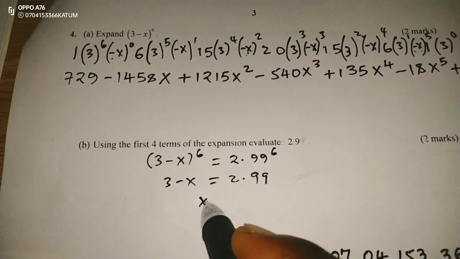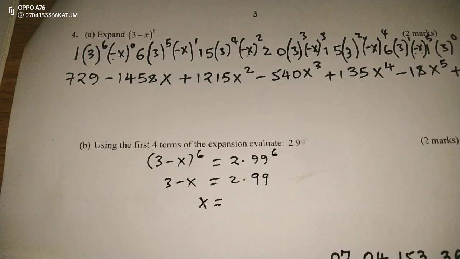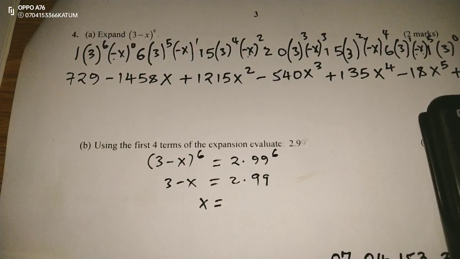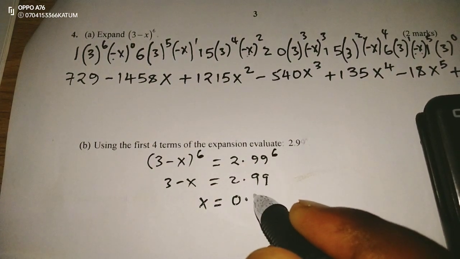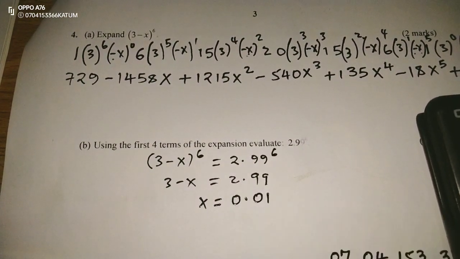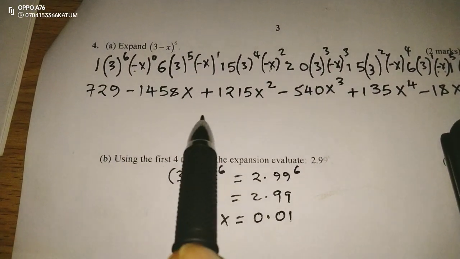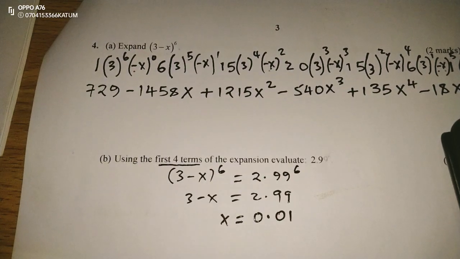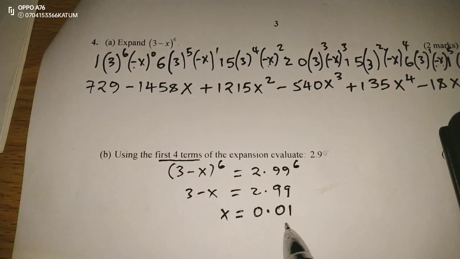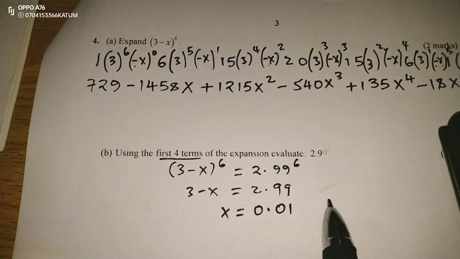To get the value of x, we take x to this side to become positive, then subtract 2.99 from 3, giving us x as 0.01. Therefore now, in our expansion, using the first 4 terms, we're going to substitute 0.01 wherever we have the value of x.